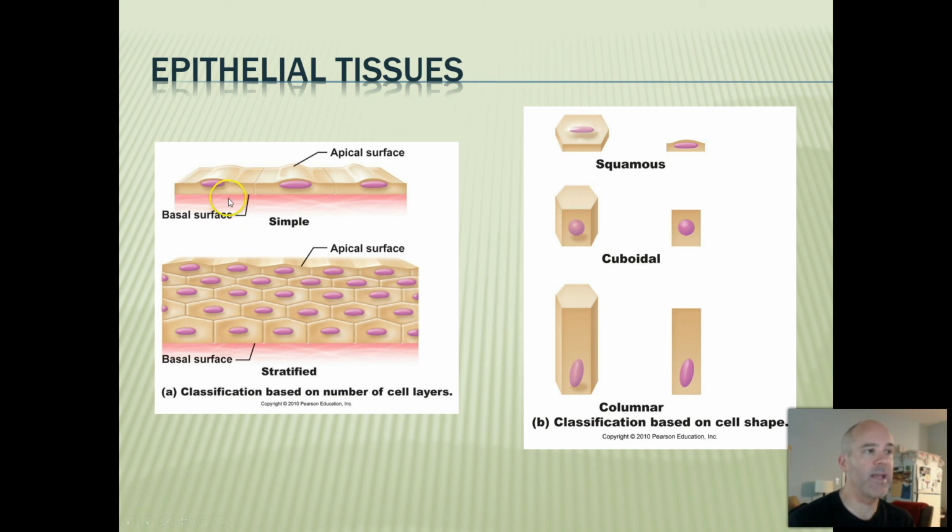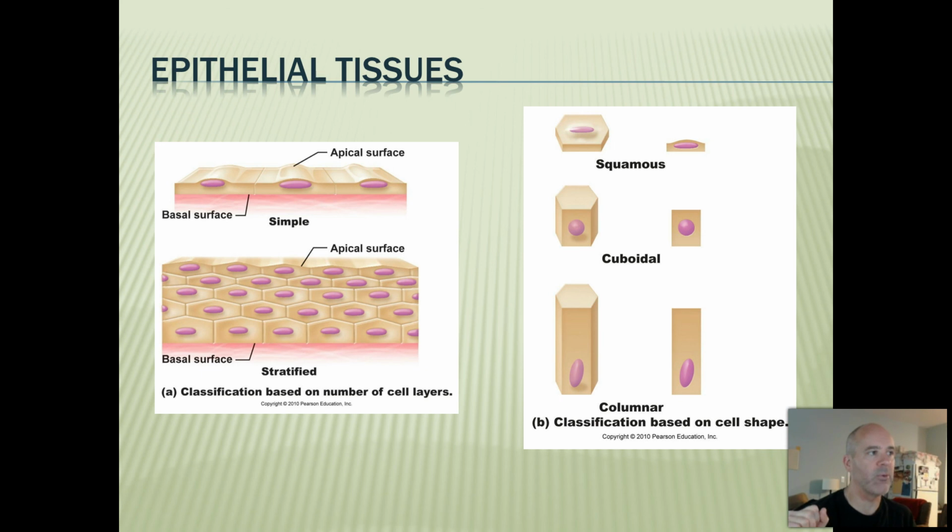Where would you want a simple squamous epithelial tissue? You would have one layer of cells, and those cells are very flat. So places where you need just a very thin, delicate lining or covering. A good example is the little tiny air sacs in your lungs where oxygen gas and carbon dioxide are exchanged with the blood.